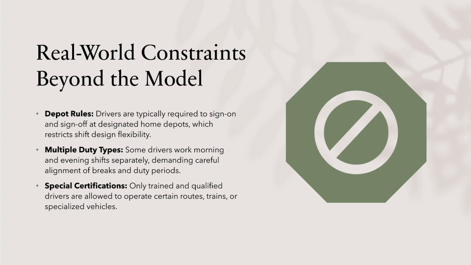Some drivers work split shifts, such as the morning peak and evening peak separately, requiring careful timing. Finally, not every driver is qualified for every route or vehicle type. Special certifications are needed for certain services, adding further layers of complexity to feasible shift construction.